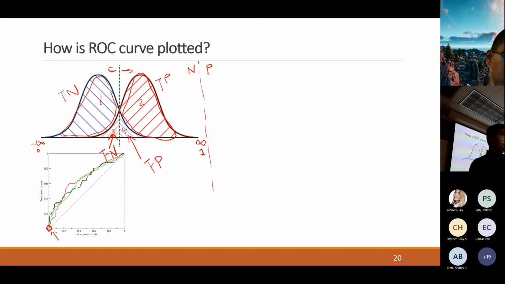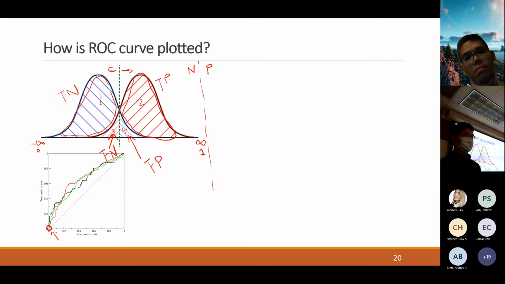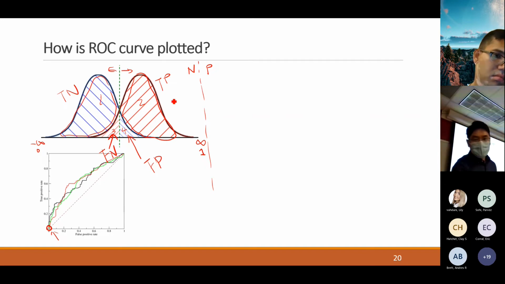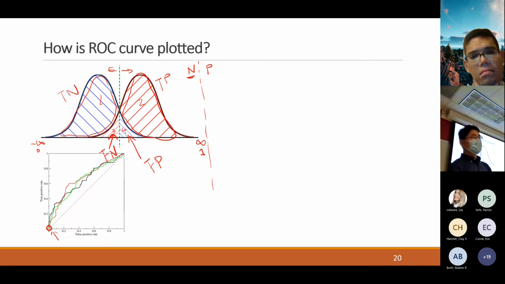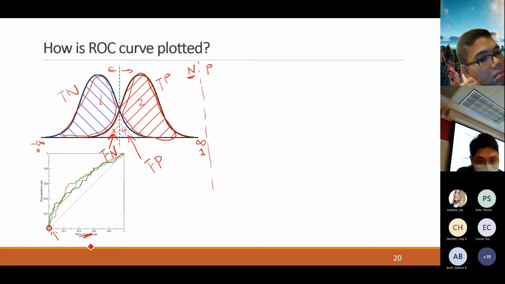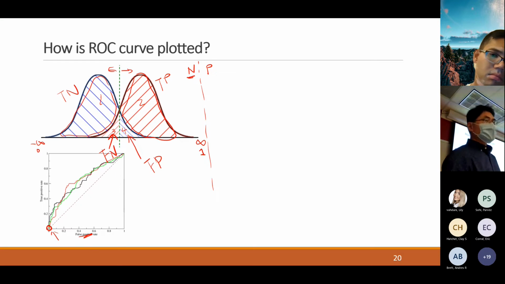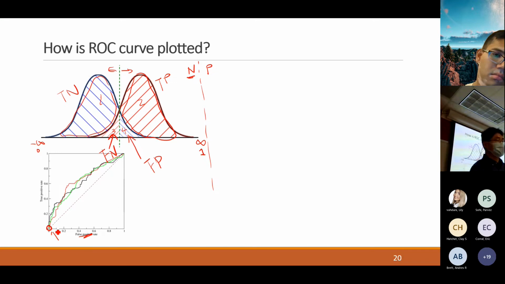Then the sensitivity will be 0, right? That's why we have sensitivity 0. But if we predict everything negative, we would have achieved perfect specificity. Perfect specificity is 1, and 1 minus 1 is 0. False positive rate is 0 as well. So that's why this point is always lined up with 0 and 0.